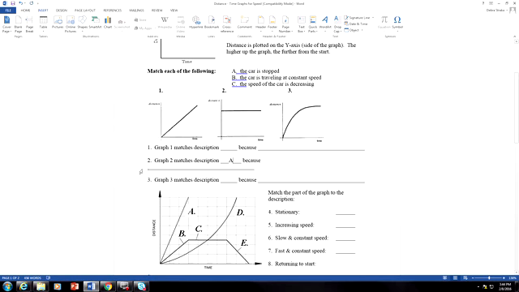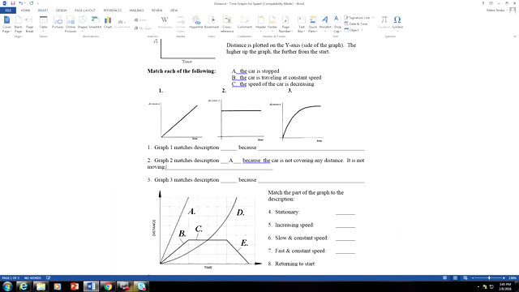Because, and this makes it a little bit hard here. And I'll type it down here. Because the car is not covering any distance. It is not moving.